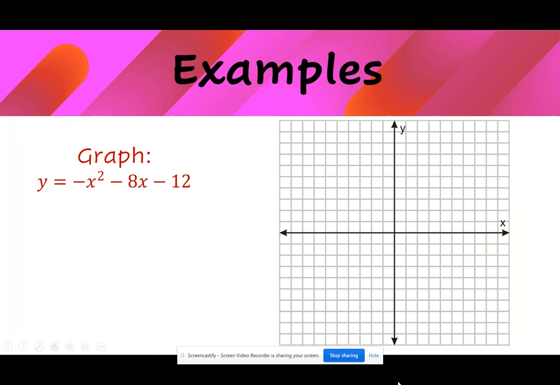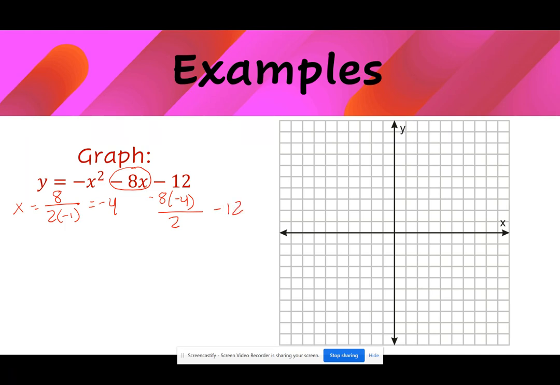First, find our vertex. So x equals opposite of b over 2 times a. So we get 8 divided by negative 2 is negative 4. I'm going to plug that back into our bx divided by 2 plus c, so negative 8 times negative 4 divided by 2 minus 12.